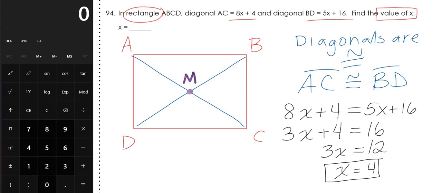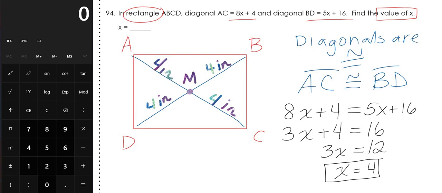So that means, for example, if the left side from D to M were 4 inches, that means from M to B it's also going to be 4 inches. The same thing is going to happen for diagonal AC. Since these two diagonals are congruent, I can only make up 4 inches as another measurement for another piece of these diagonals. So I'm going to have to say that MC, for example, is 4 inches. And then AM would be 4 inches.